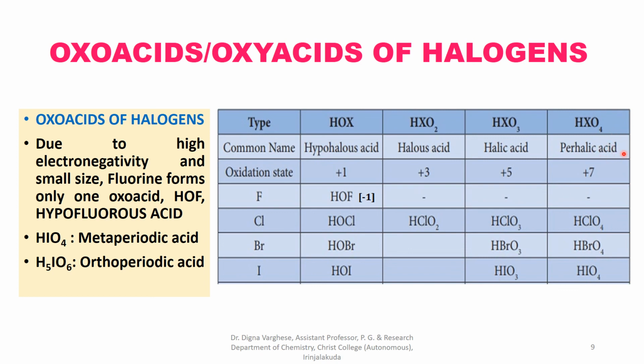Perhalic acids have oxidation state +7: perchloric acid, perbromic acid, periodic acid. Periodic acid is also known as metaperiodic acid, and the other oxyacid formed by iodine is orthoperiodic acid, which has the formula H5IO6.